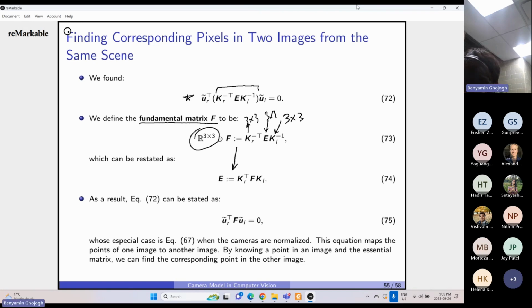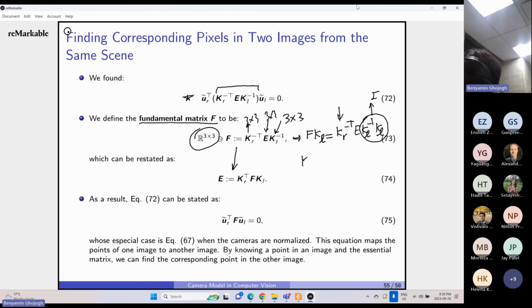Why? Let's prove that. So right multiply both sides by KL. So we'll have F KL equals KR inverse transpose E KL inverse KL. This becomes the identity matrix. Left multiply both sides by KR transpose.